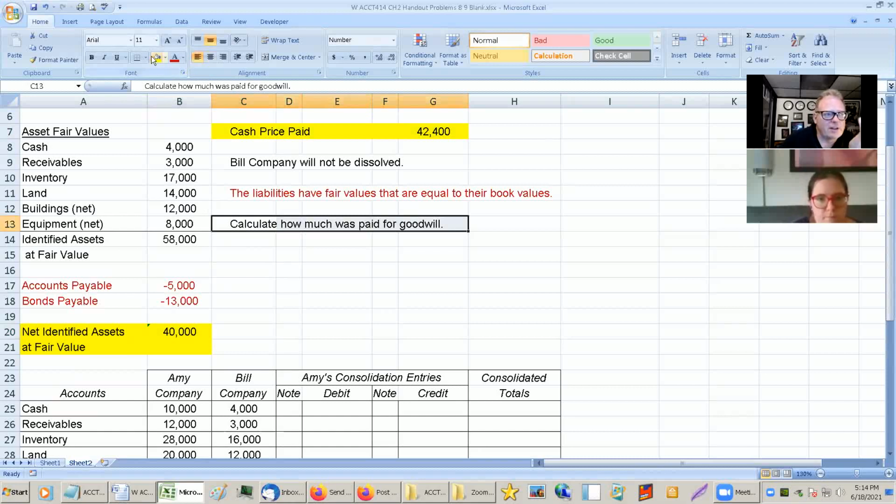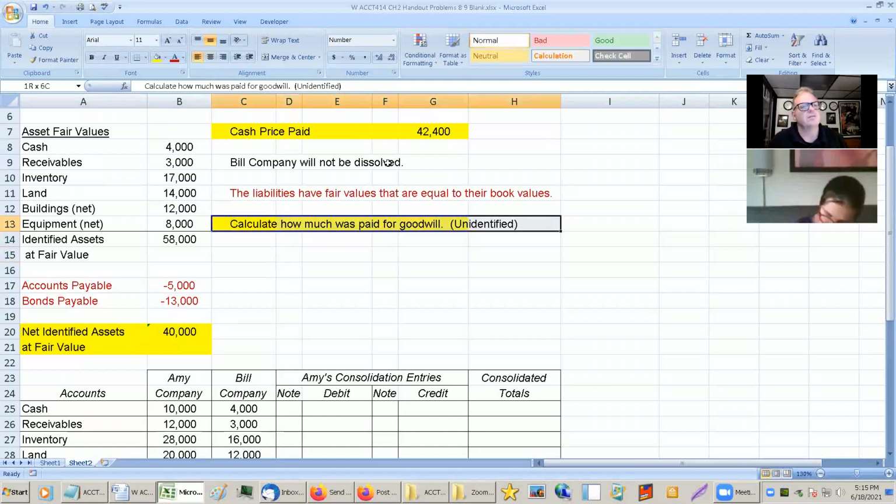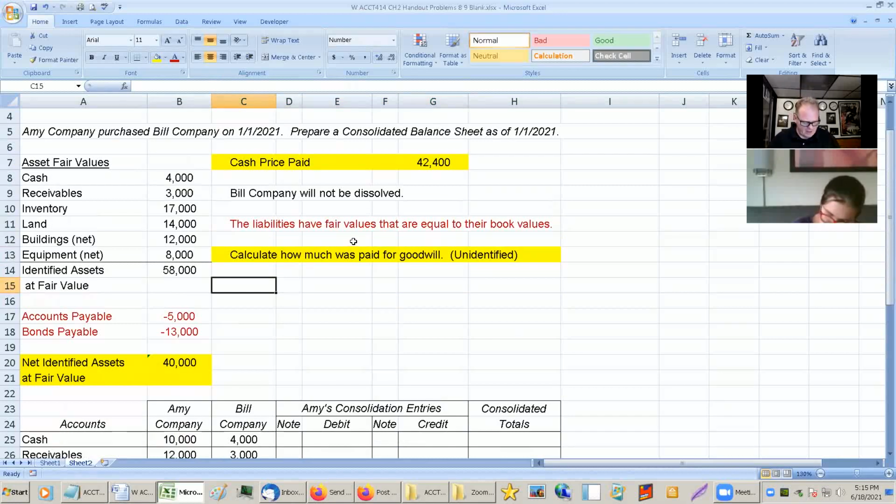Well, the goodwill, which is sort of the unidentified assets, will be 42,400 minus 40,000. You can easily call this consideration. Consideration 42,400.